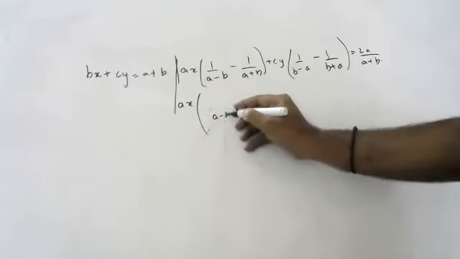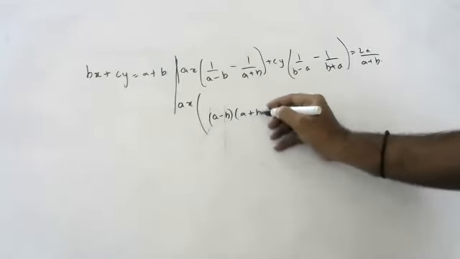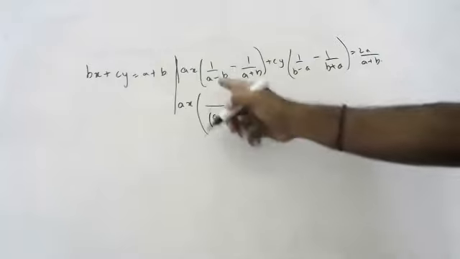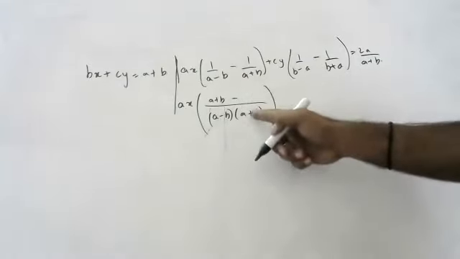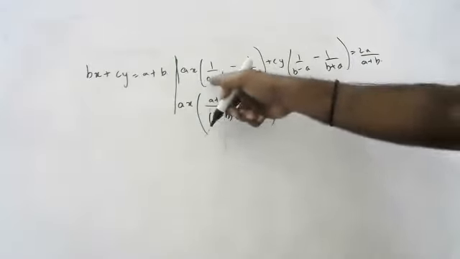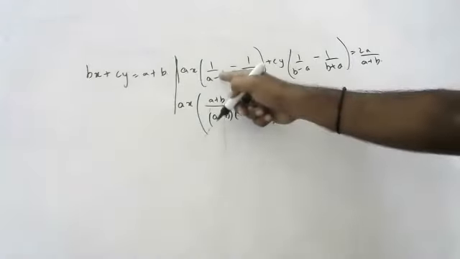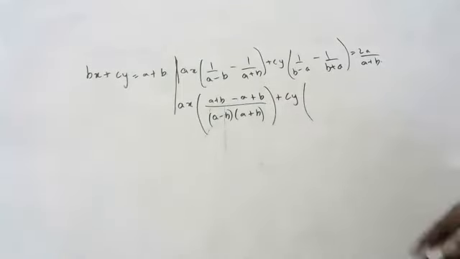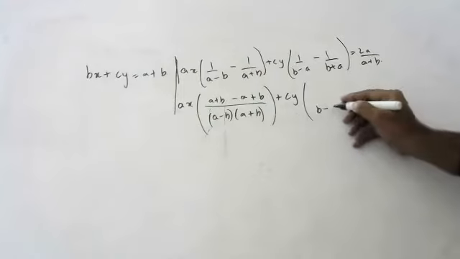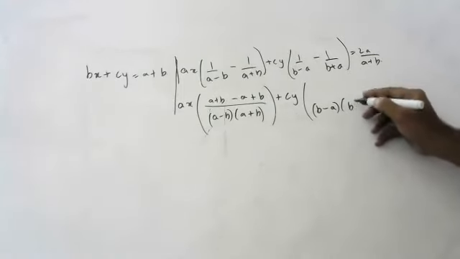Let's see here. (a minus b) into (a plus b) is the LCM. Children, this gone. a plus b will come up, and a plus b gone. Minus is there. Minus a, minus of minus plus b. Be careful. Okay. Those who did not understand, again I am saying, what is the LCM, children? (b minus a) into (b plus a).